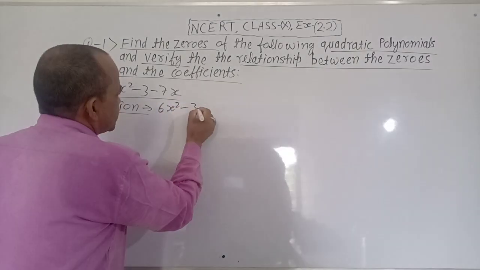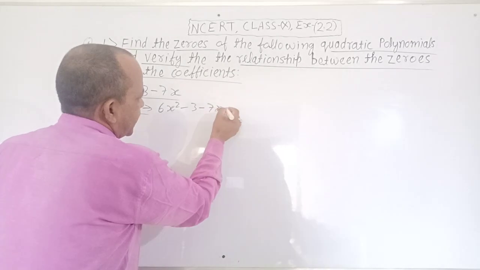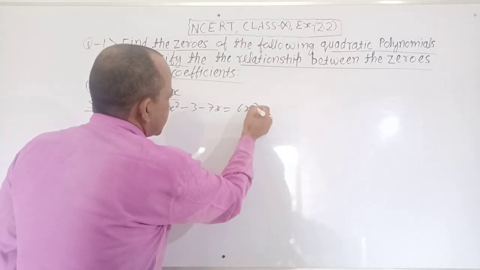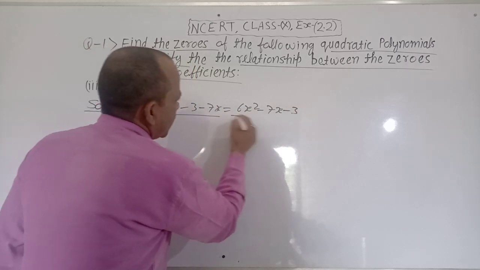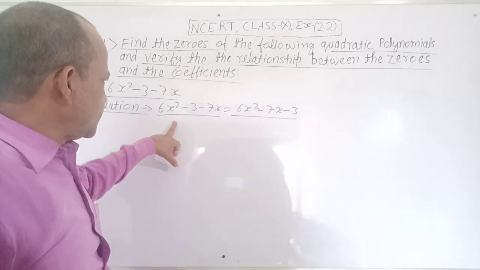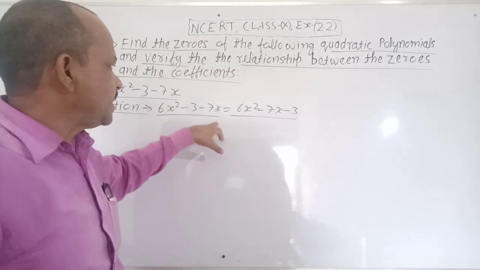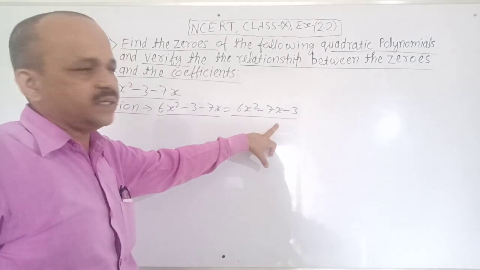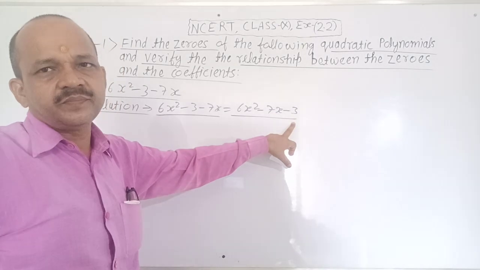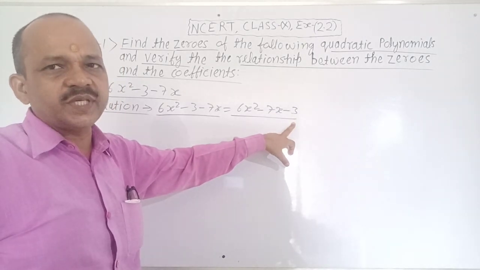6x square minus 3 minus 7x equals 6x square minus 7x minus 3. It is clear, no confusion about it.